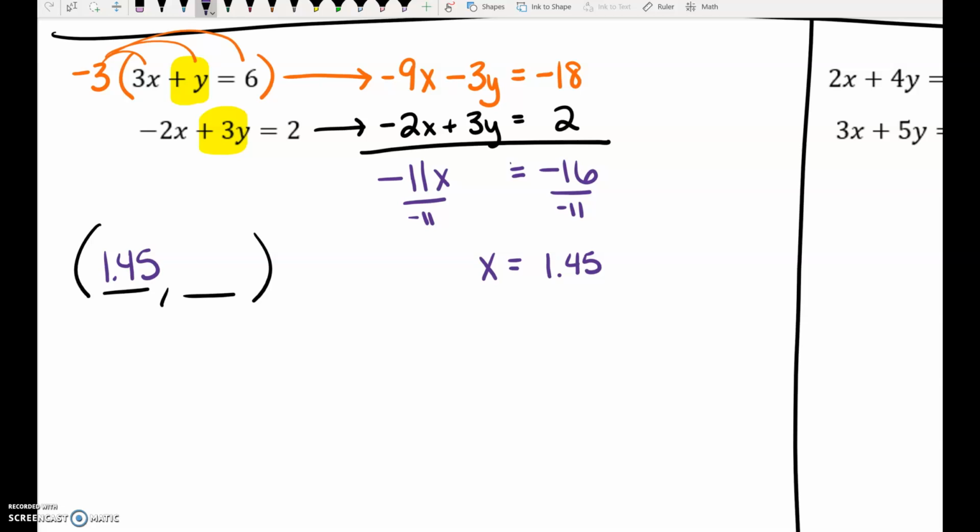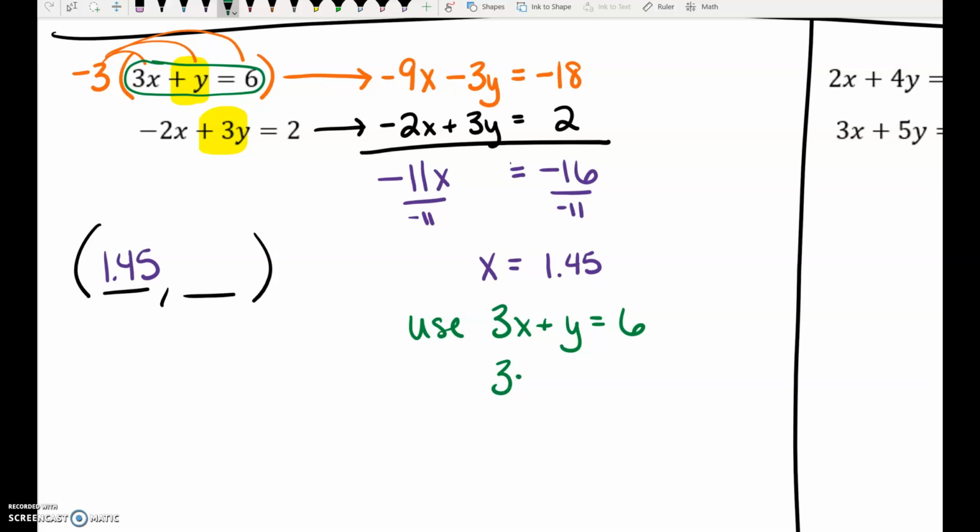We need to find the y value. Which equation should we plug this into to get the y value? The original top or the new top? I would go to the original top equation. This original top equation has a plain ordinary y, so I am going to use 3x plus y equals 6.